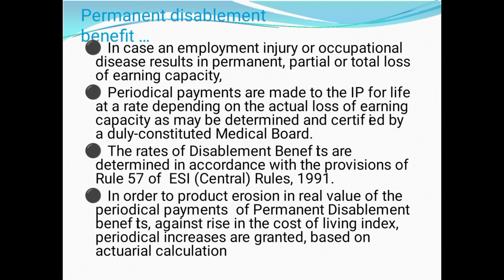The rates of disablement benefit are determined in accordance with the provisions of Rule 57 of the ESI Rules 1991. In order to protect erosion in the real value of the periodical payment of permanent disablement benefits against rise in the cost of living index, periodical increases are granted based on actuarial calculations.